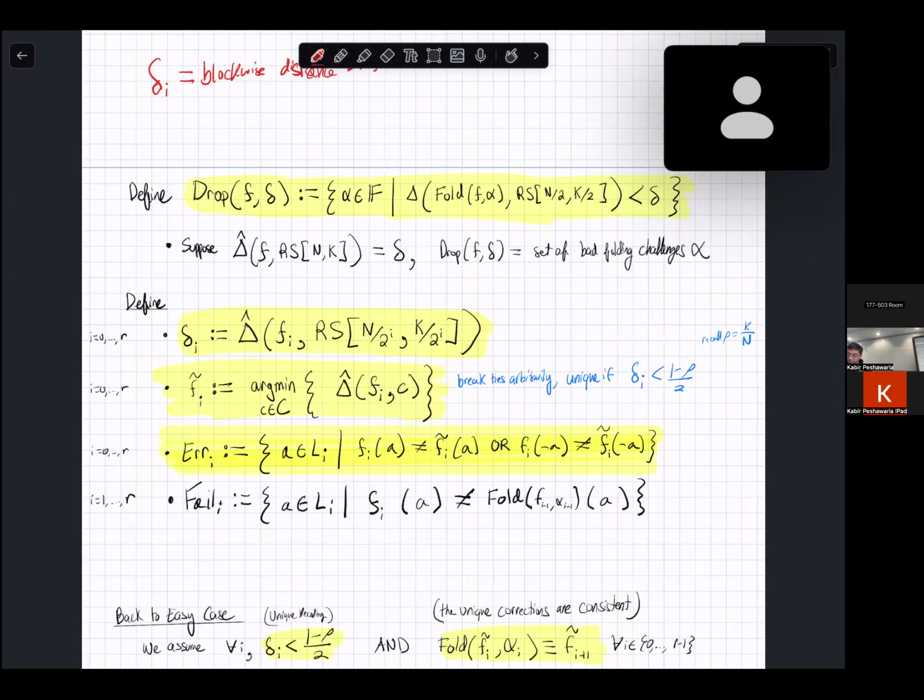Finally, two more sets that I care about. Error of I is going to be all of the A's in Li such that there is either an error at Fi of A or an error at Fi of minus A. And then fail of I is going to be all of the A's in Li such that Fi at that A is not equal to my previous function folded at that A. In other words, fail I is all the places that a verifier could test consistency between Fi and Fi minus 1 and catch you.